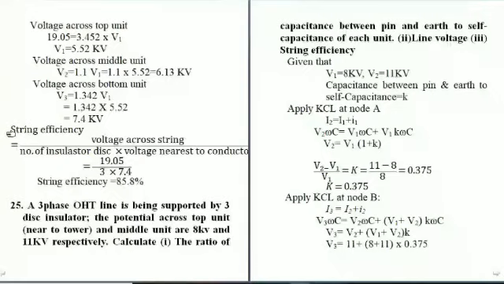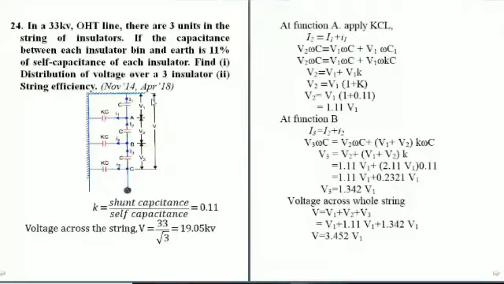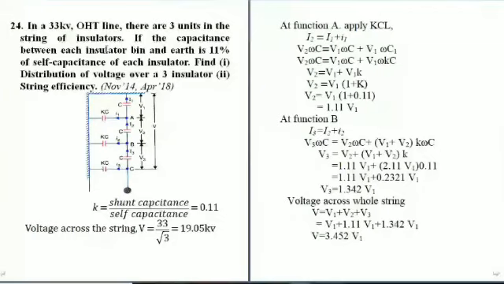By applying this, the voltage across the string is 19.05 kilovolt, which we have calculated, substituted here. And the number of insulator disks is 3, because in the problem they have given 3 insulators. And also the voltage across the unit nearest to the conductor.